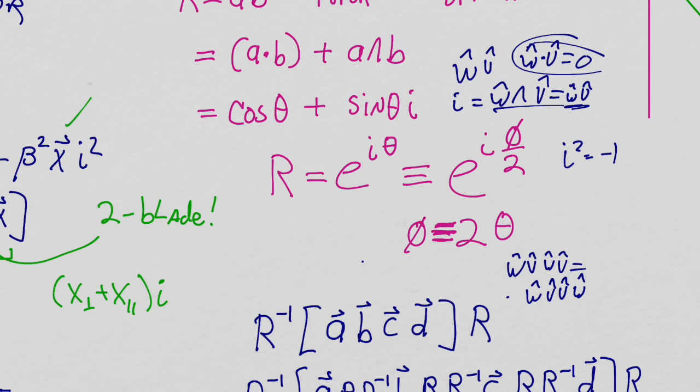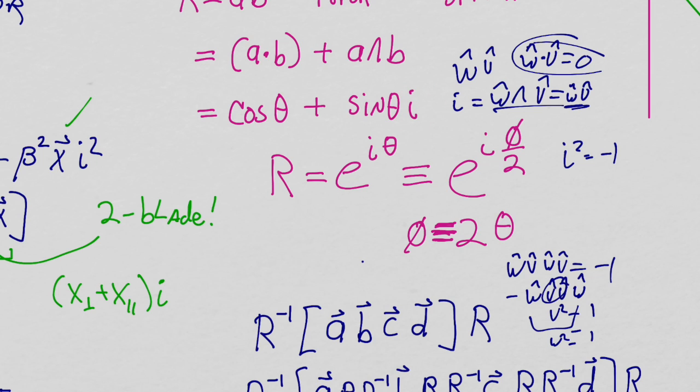That's one switch, so I get a minus sign. That's V squared, so that's a number. So that leaves behind W squared, which is another number. They're unit vectors, so that number is 1, that number is 1. So this whole thing equals -1.